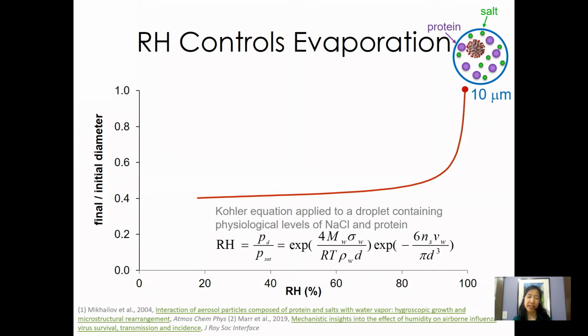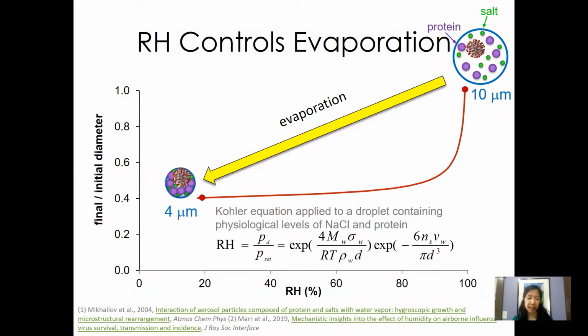So the y-axis here shows the ratio of the final to the initial diameter, where 1 means that there's no evaporation, 0.5 would mean that it shrinks in size by half in terms of diameter. And that depends on the molecular weights of the compounds involved and surface tension and other factors.